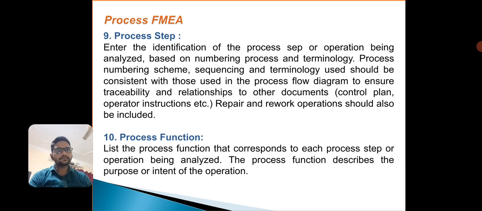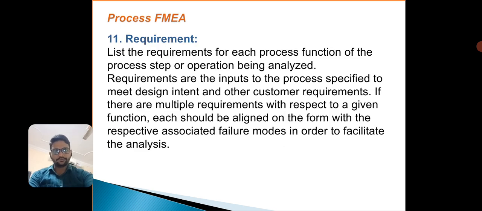Next is process function. Process function lists the process functions that correspond to each process step or operation being analyzed. The process function describes the purpose or intent of the operation. What is the purpose of this operation? Next is requirement. List the requirements for each process function, process step or operation being analyzed.